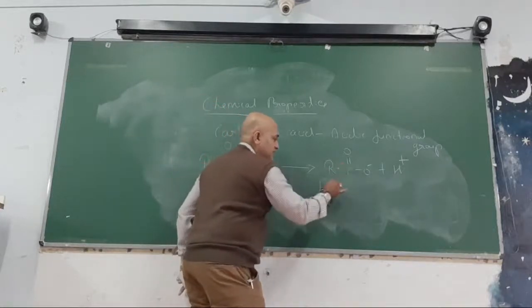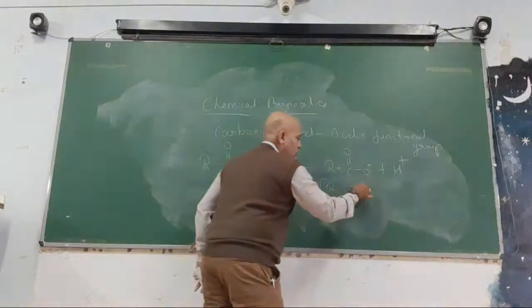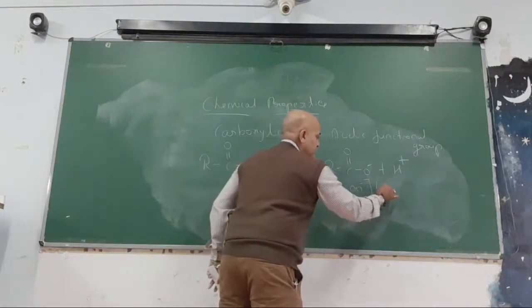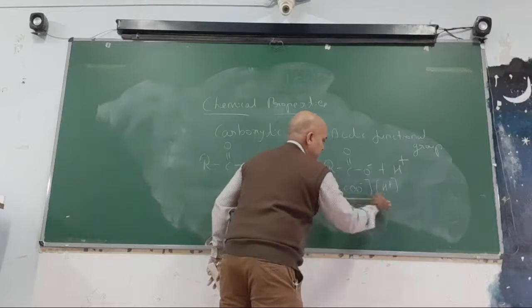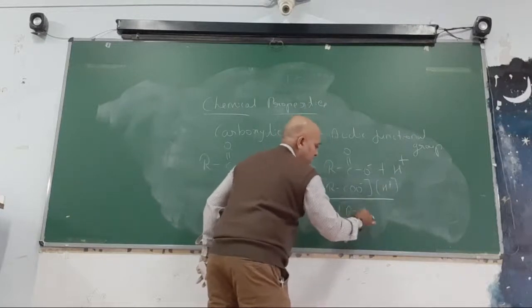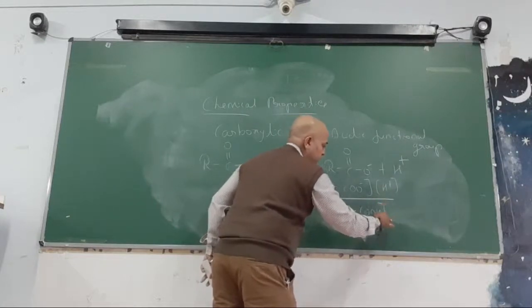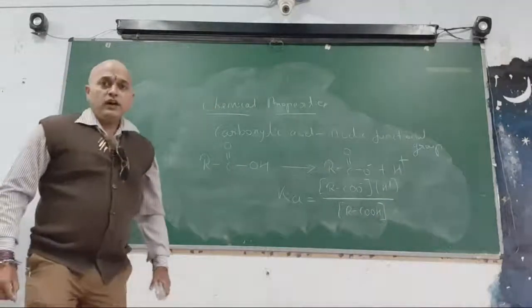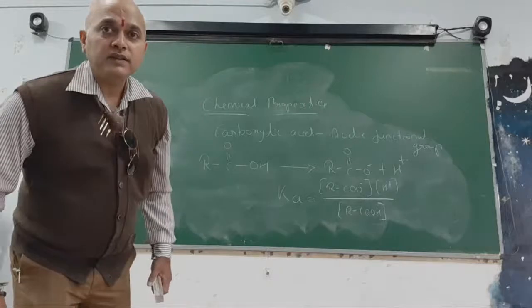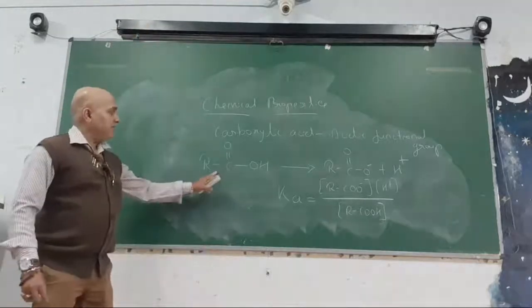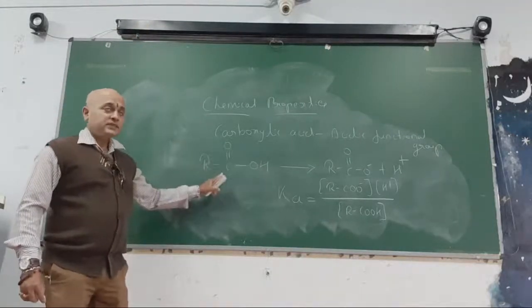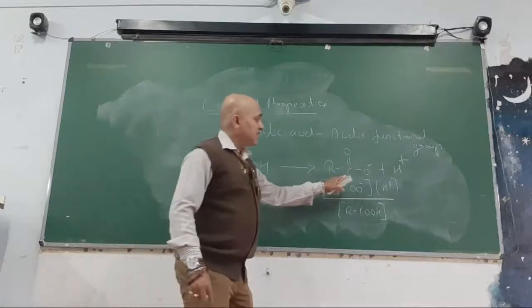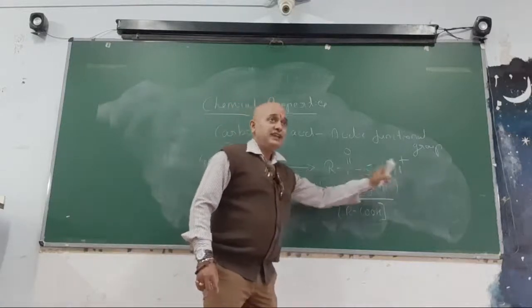So in this case it is RCOO minus into H plus divided by RCOOH. All of you can see the board? Okay, fine. So that's why we have the carboxylic acid, which will be dissociated as carboxylate and H plus.